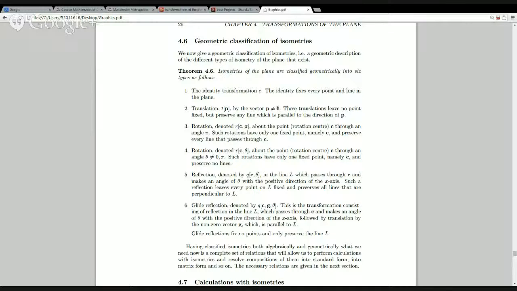And in the other case, it's sine theta and minus cosine theta.